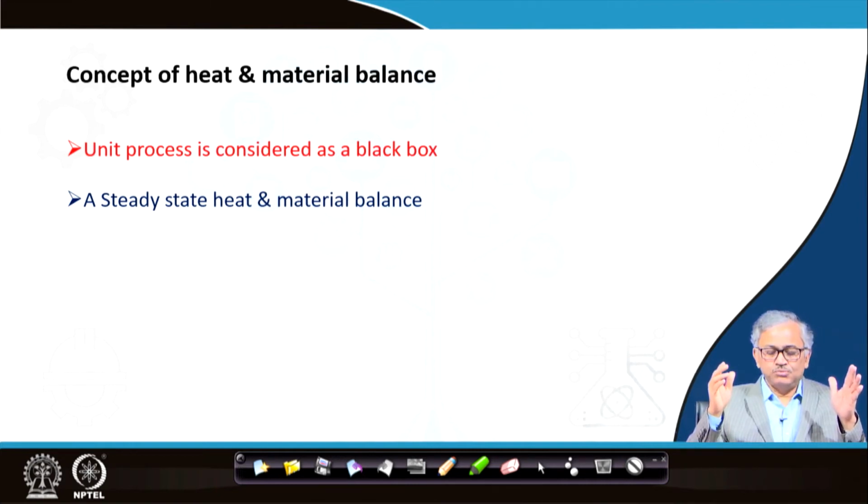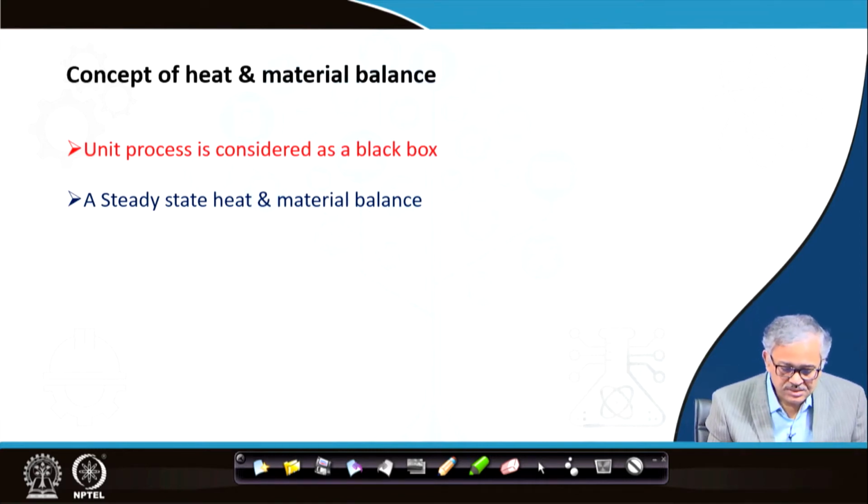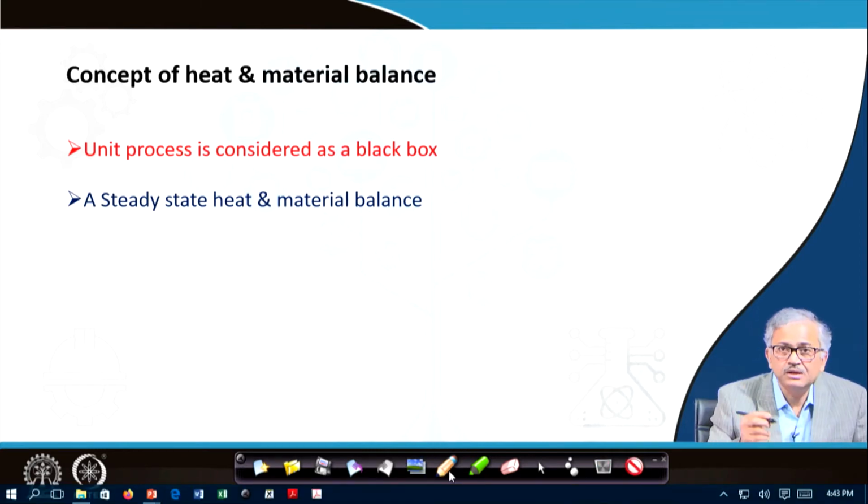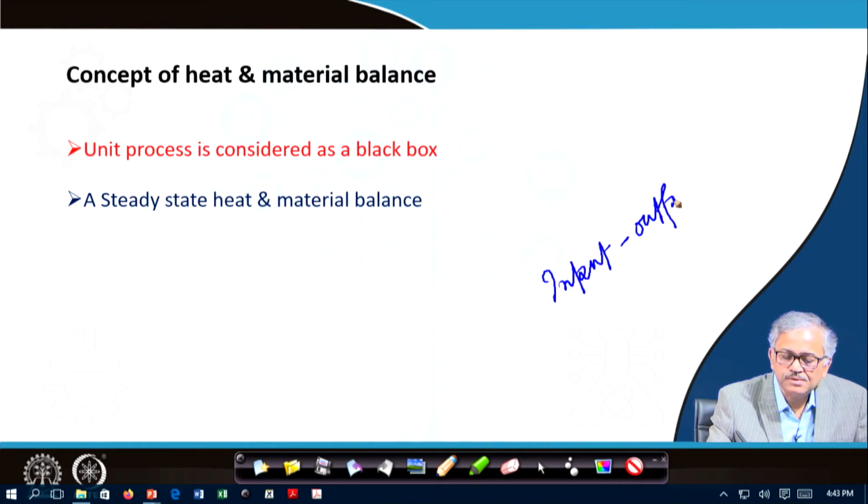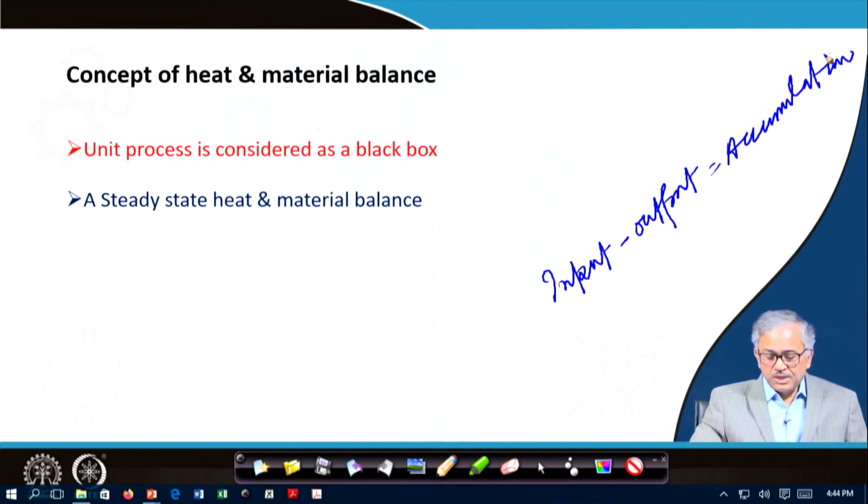Input is equal to output under steady state only. If you do a material balance, the statement is: input minus output is equal to accumulation. That is a general statement without any source terms, that is, if something is generating inside.